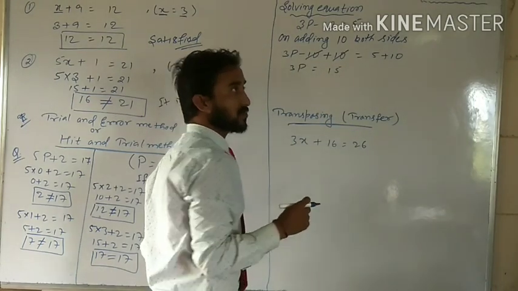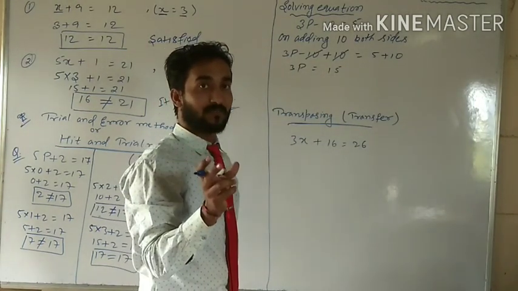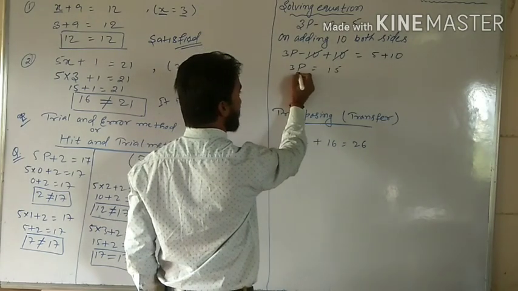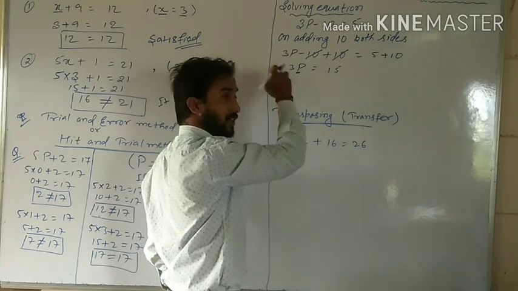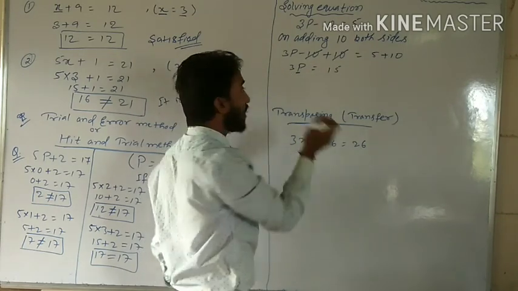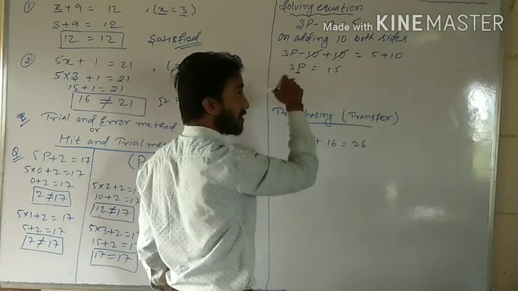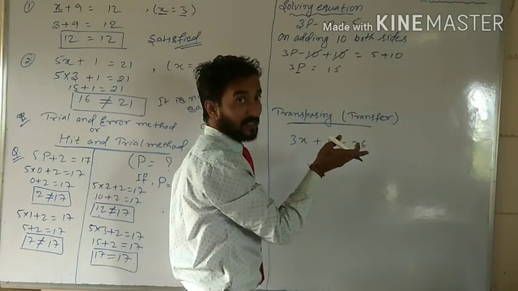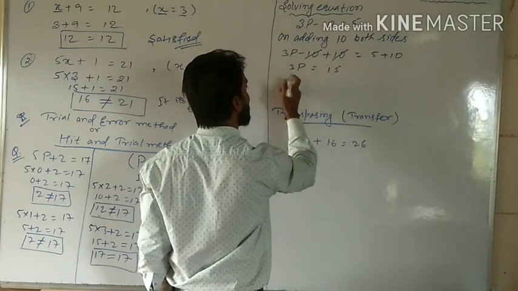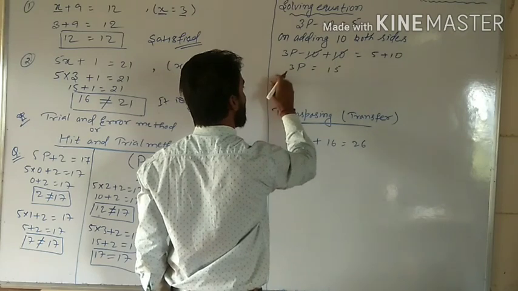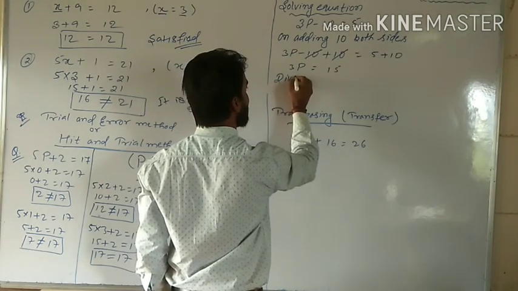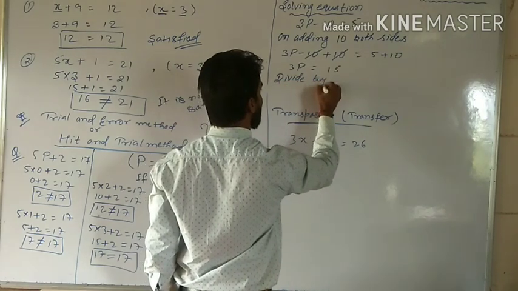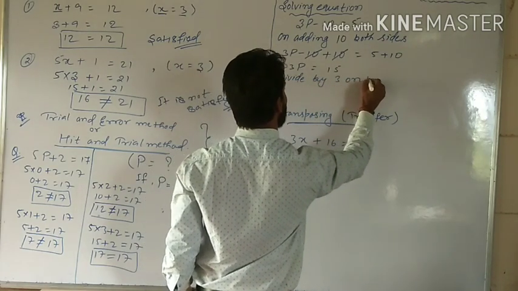Okay students, now what value do you have to find? The value of p, and along with p, what is given? 3. Now what will we do? How will this 3 be removed? By eliminating it. Now you will divide by 3 on both sides.